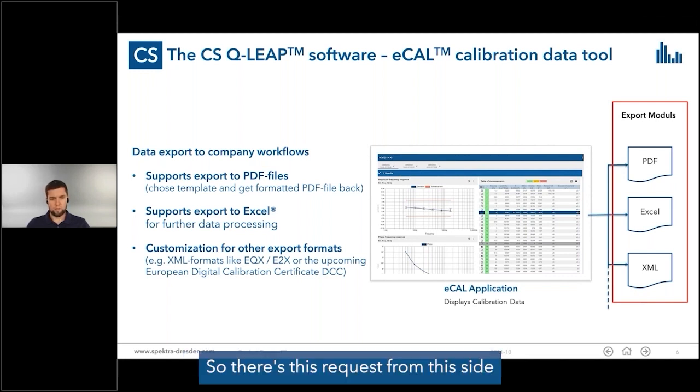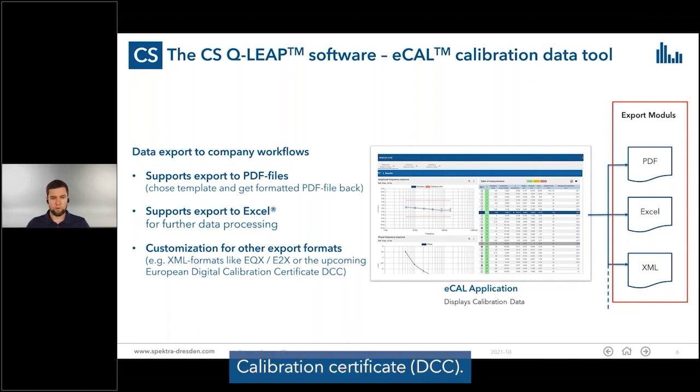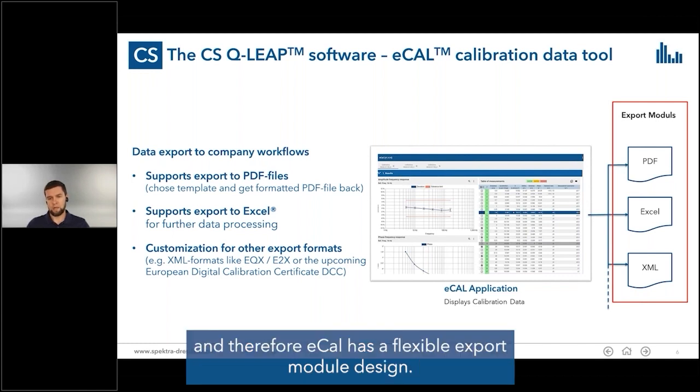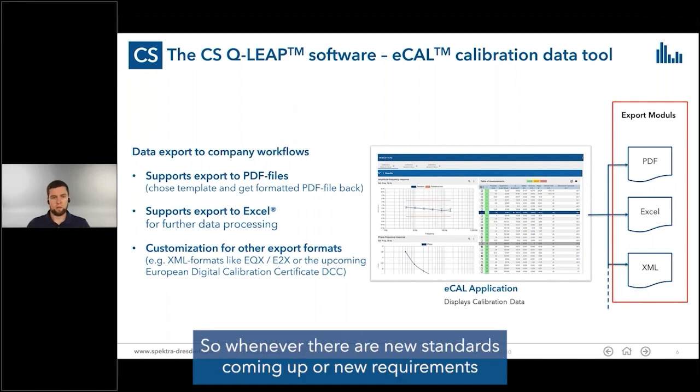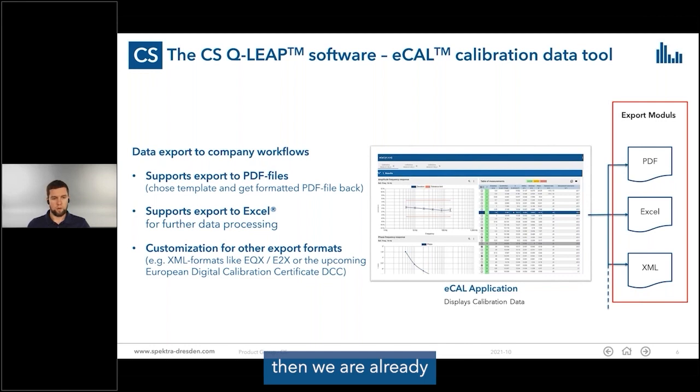So this is a request from this side. Something that is going on here in Europe is the so-called European Digital Calibration Certificate, and this is also some kind of XML-based format. Therefore, eCal has a flexible export module design. So whenever there are new standards coming up or new requirements for exporting the data into a certain format, then we are already prepared for that.